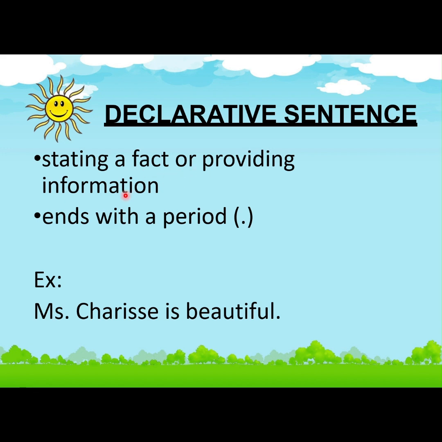And the other part is it always ends with a period, which we also term it as full stop. For example, Miss Charity is beautiful. So this is a normal statement which is stating a fact about the lady who looks very beautiful. And it ends with a full stop.